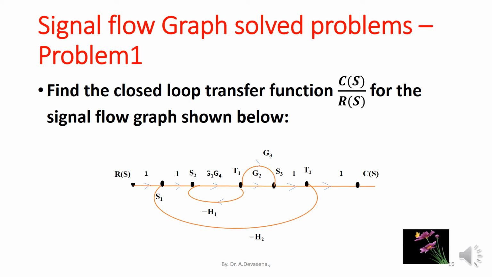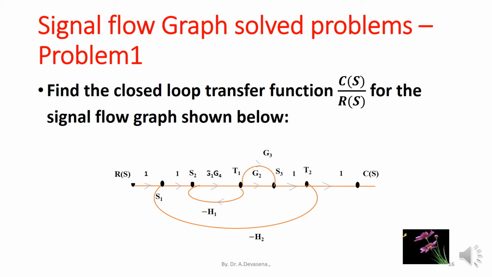And from the takeoff point T1, another signal, G3, is taken and applied to summing point S3. The signal from the summing point S3, with a gain of 1, is applied to the takeoff point T2. From T2, the signal is applied to the output with a gain of 1.